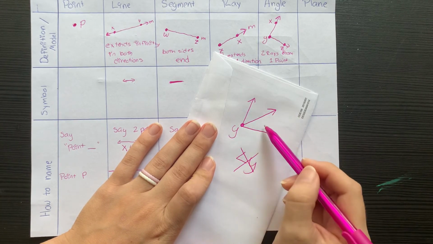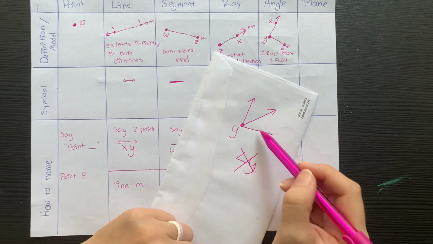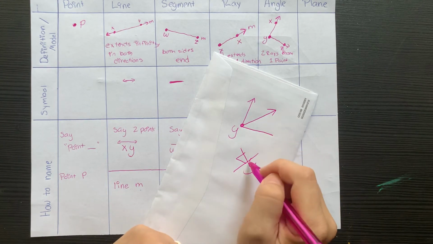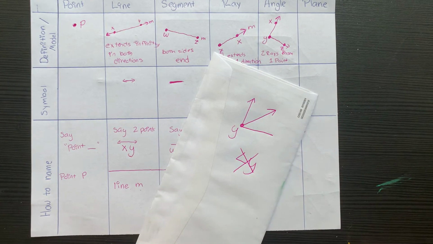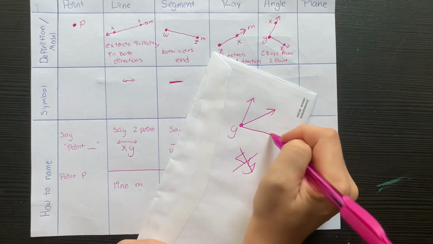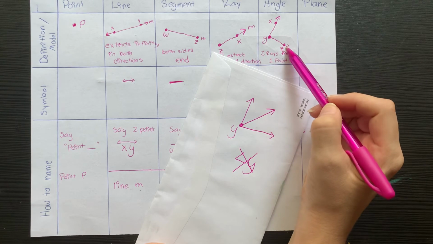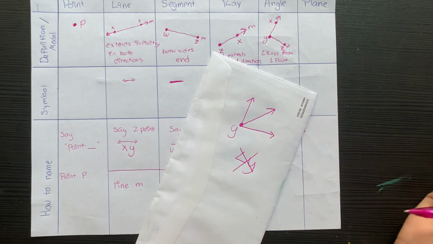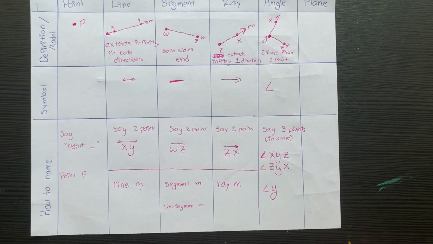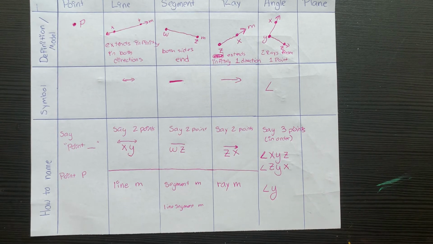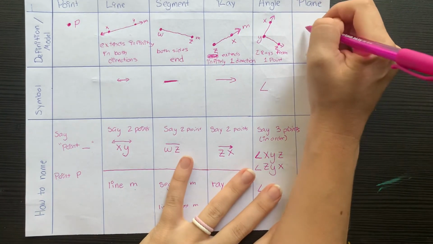Is it just this side? Is it just this side? It makes it more confusing. So in this case, you wouldn't be allowed to use just the one letter if you have more than one angle. If it's only one angle, like this example, then just saying angle Y would be fine.